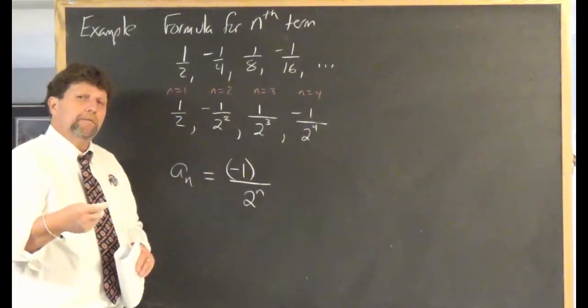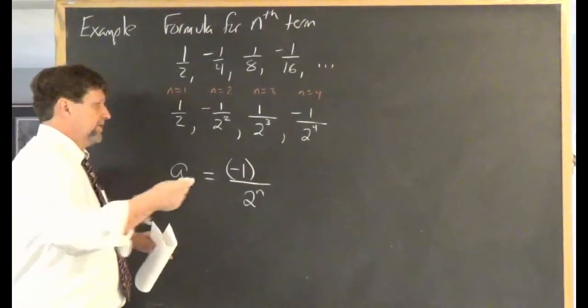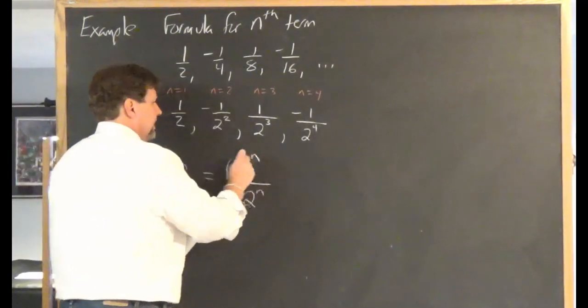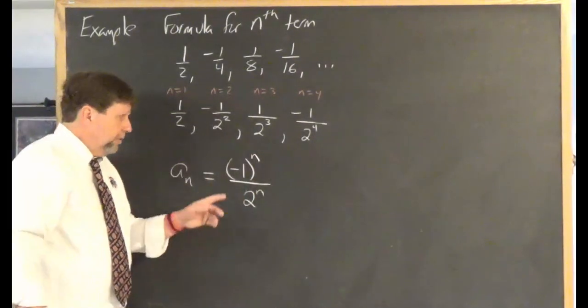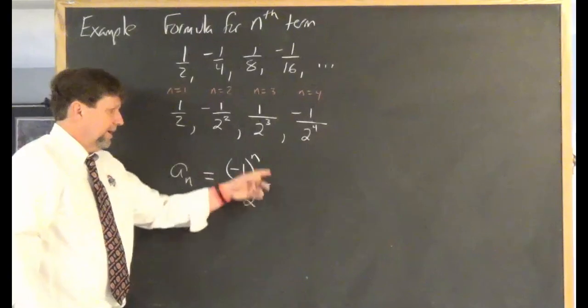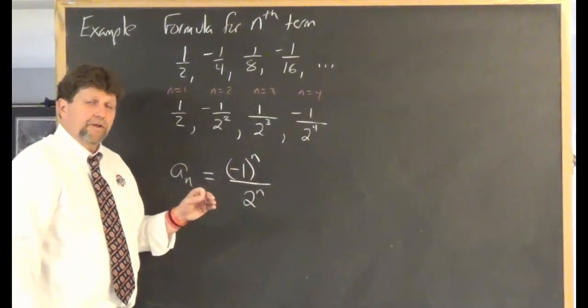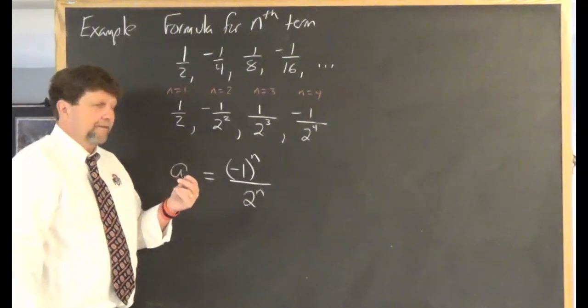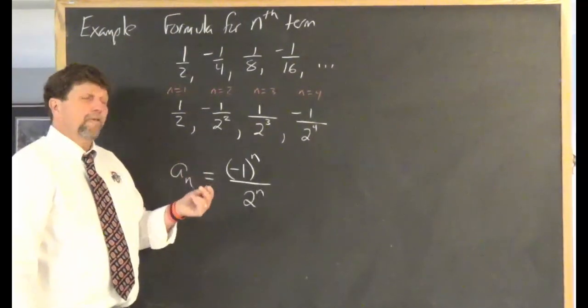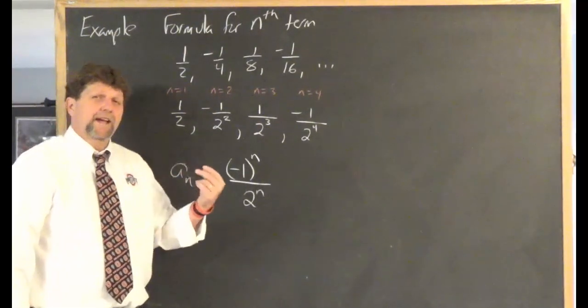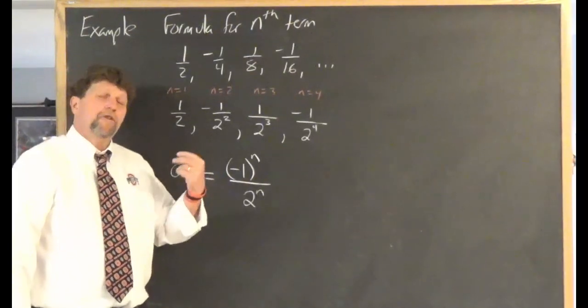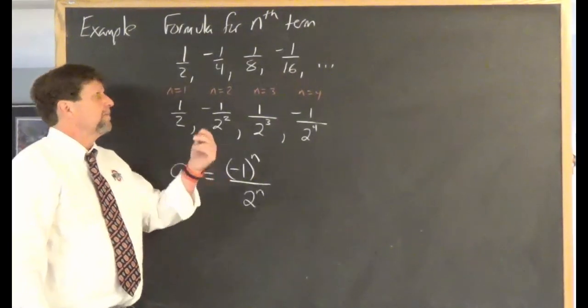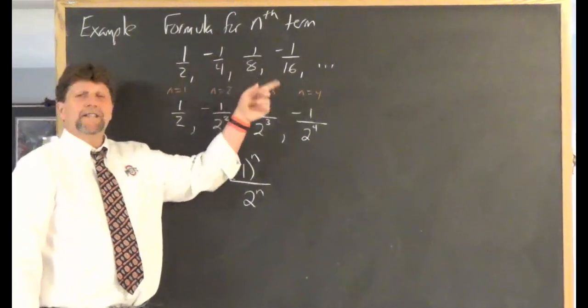For example, let's say I just put down -1 to the n. Well, if you list the first 4 terms of -1 to the n over 2 to the n, the first term is -1/2. The second term is 1/4. The third term is -1/8. The fourth term is 1/16. We don't have the correct signs.